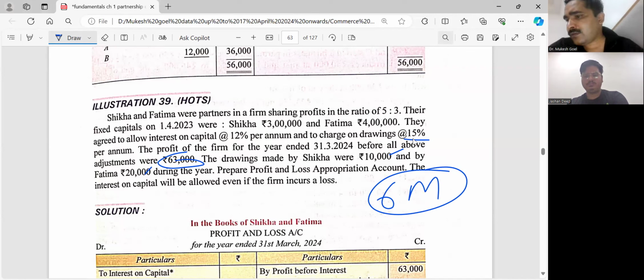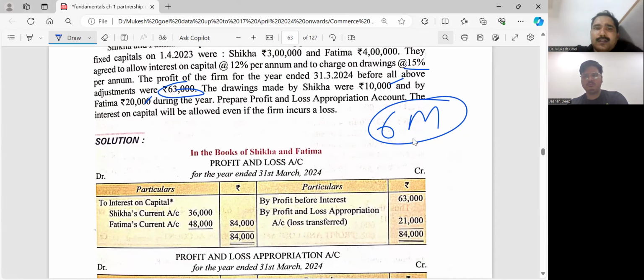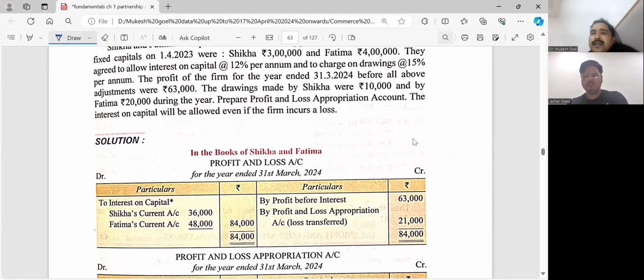Now prepare the profit and loss account. The interest on capital will be allowed even if the firm incurs a loss, it means a charge on profit.